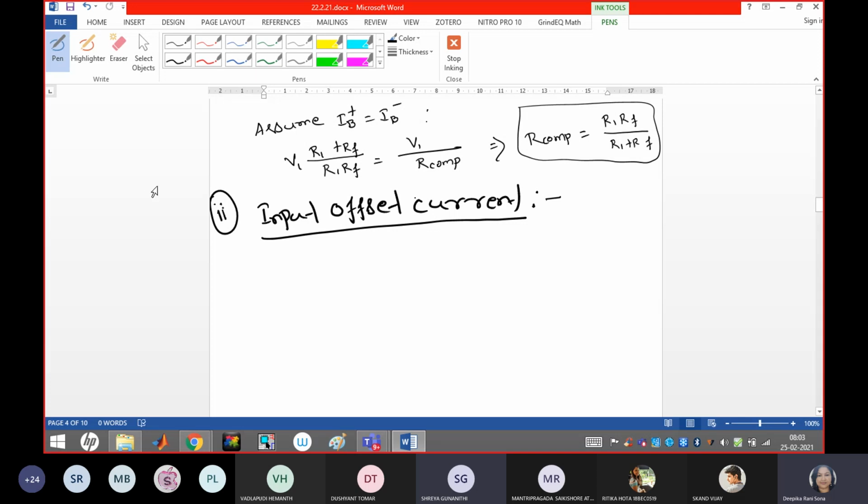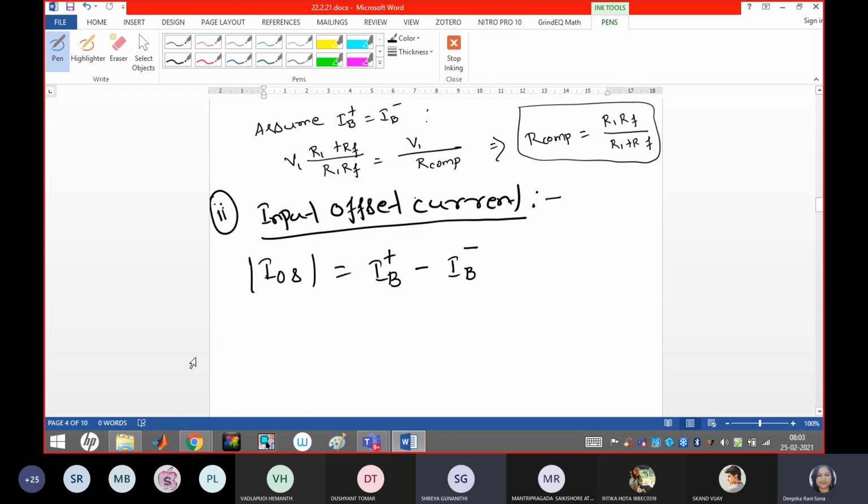The difference between them is the input offset current, represented as IOS, and it is IB plus minus IB minus.